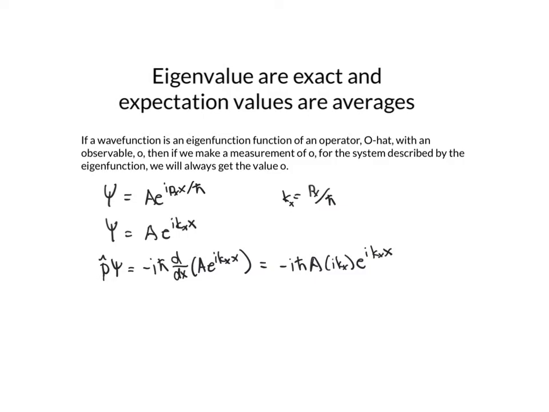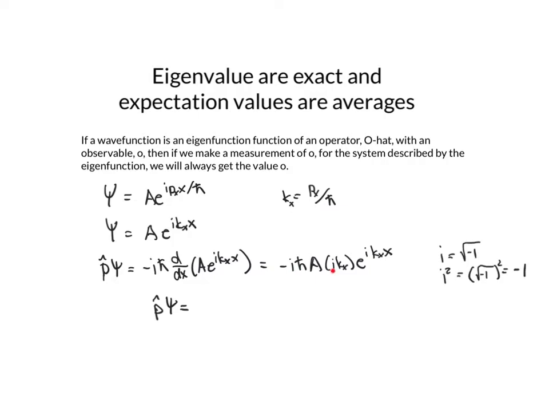So if I simplify this a little bit, I've got p hat psi is equal to, okay, now we have to do some imaginary stuff here. i times i, remember that i is the square root of minus 1, so i squared is minus 1.